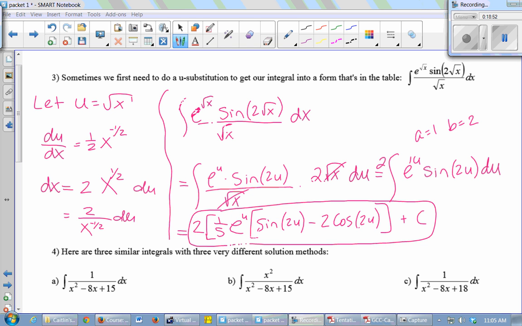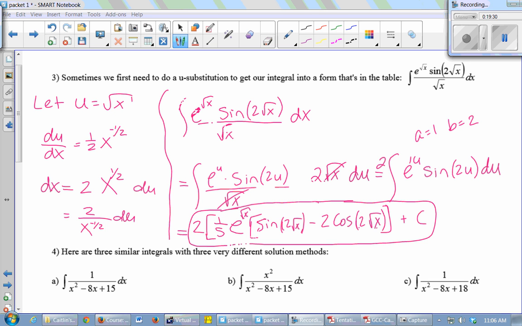I've got to plug in my u's, which are square root x's. So see if I can carefully erase here. This was a u, this is the sine of 2u, and this is cosine 2u. There we go. Now I'm officially done.